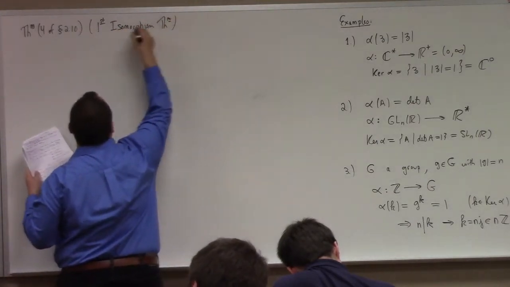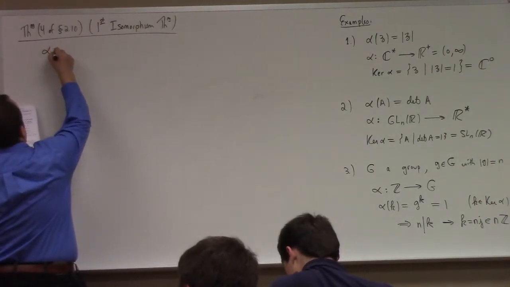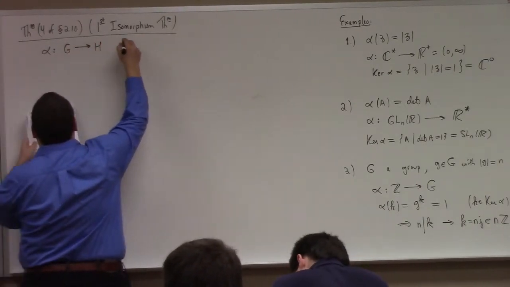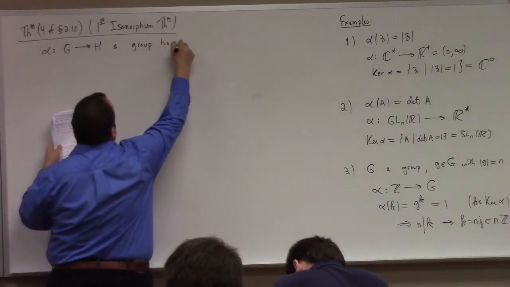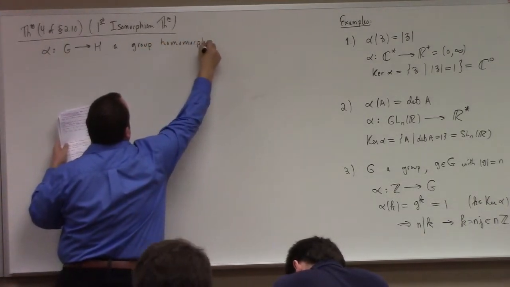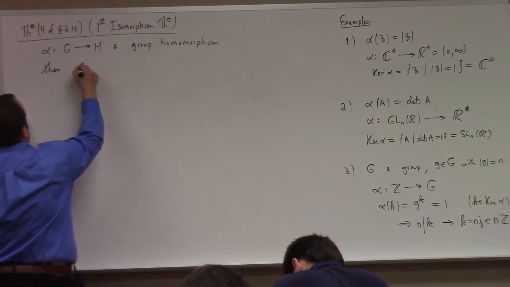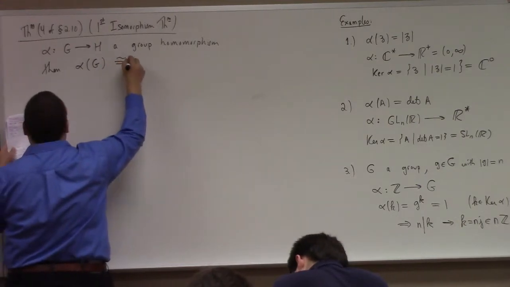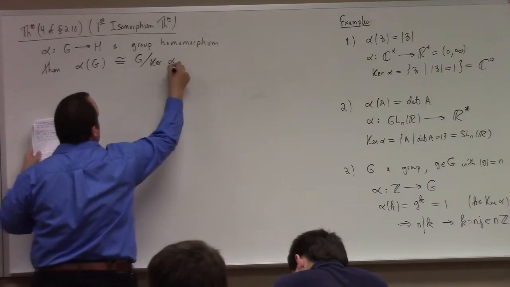The theorem says this: if we have alpha that goes from G to H, a group homomorphism, then the image of G under alpha, alpha of G, is isomorphic to G mod the kernel of alpha. There you go.